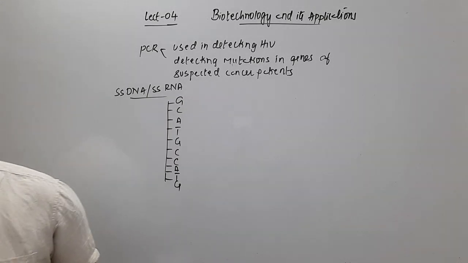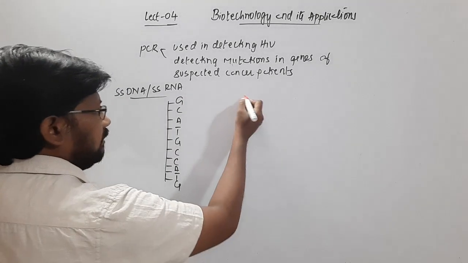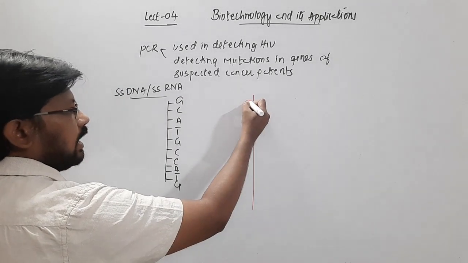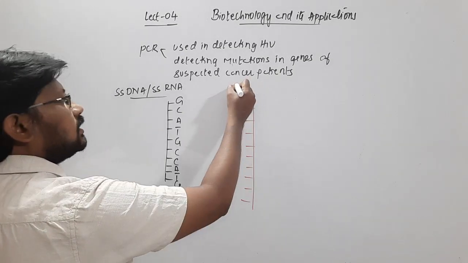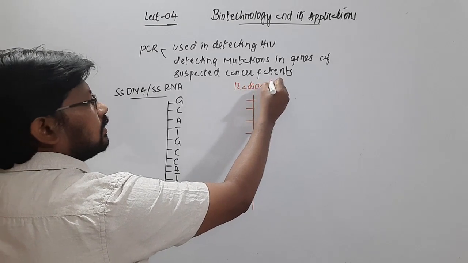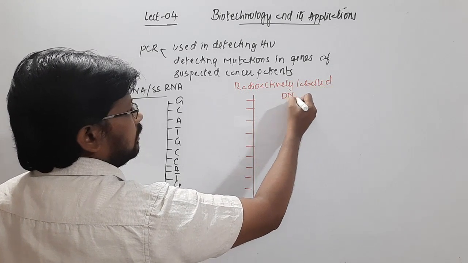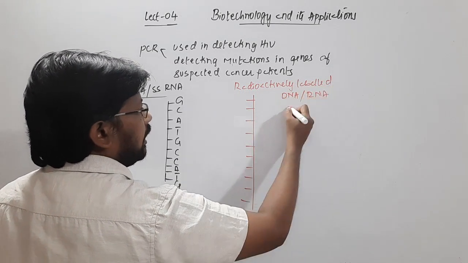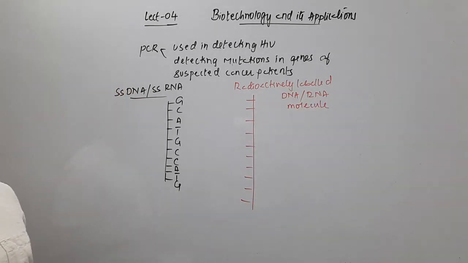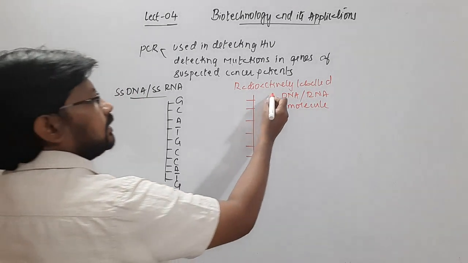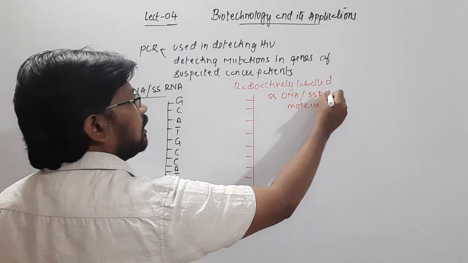And I'm going to take even the radioactively labeled DNA or RNA molecule. Of course, this will also be single stranded, not double stranded. So you need to take either single stranded DNA or single stranded RNA.